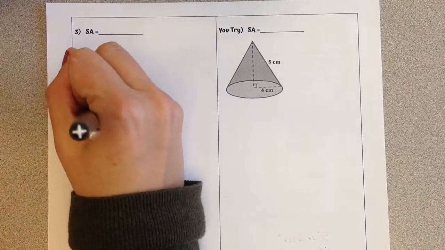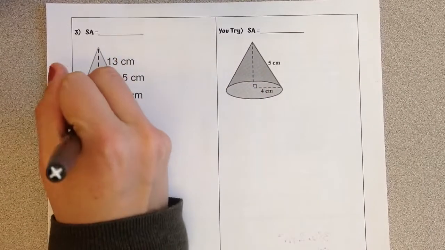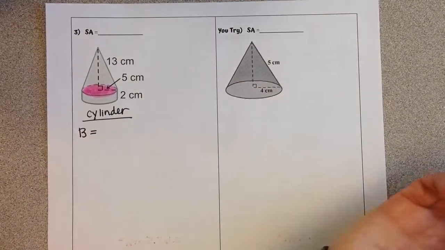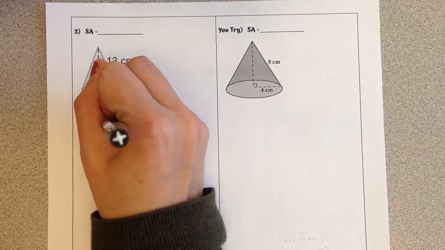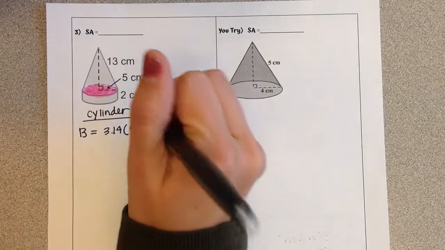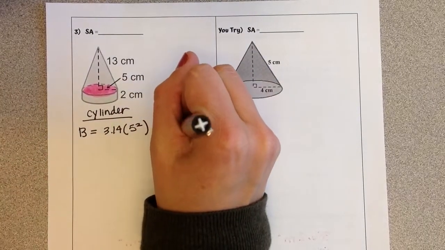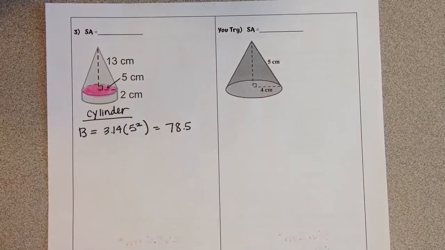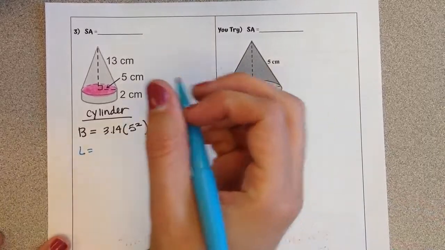So I'm going to split this into 2 parts. First, I'm going to look at the cylinder. For the cylinder, I'm going to find the area of one base, because the other base is not included in the surface area. So I'm going to do 3.14 times our radius of 5 squared. And that gives us 78.5. Then I'm going to find my lateral surface area, which again first is our circumference.